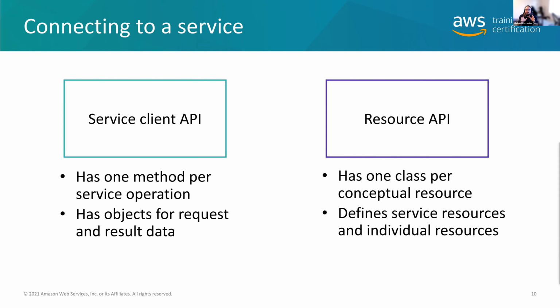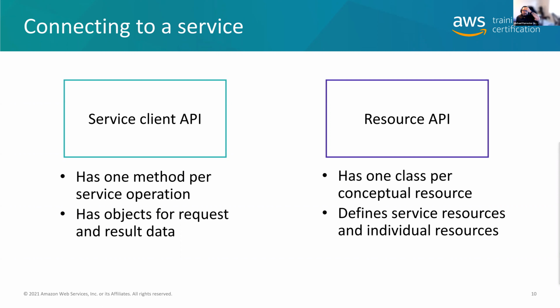So these classes are going to expose methods to retrieve data about the resource, invoke actions that can be taken on the resource, and retrieve links to other related resources, right? These resources, by the way, could be service resources such as S3 or SQS, or individual resources such as a bucket in S3 or a queue inside SQS.